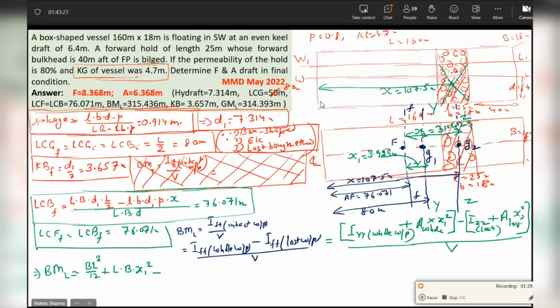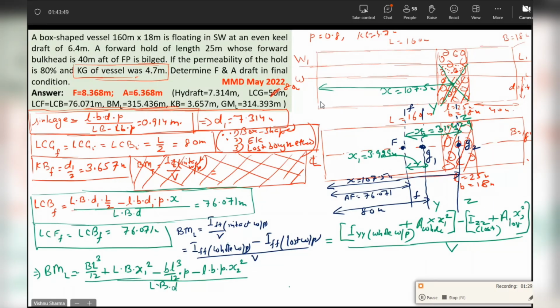If the water plane was completely lost, it will be BL cube by 12. Since there is permeability, it will be in the same proportion. Minus, why? Because the box bracket is removed. L into B into P into x2 square, divided by L, B, D.